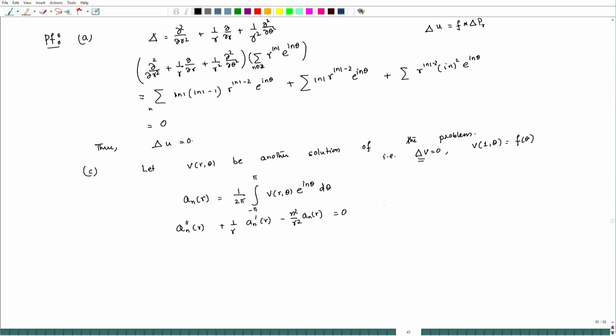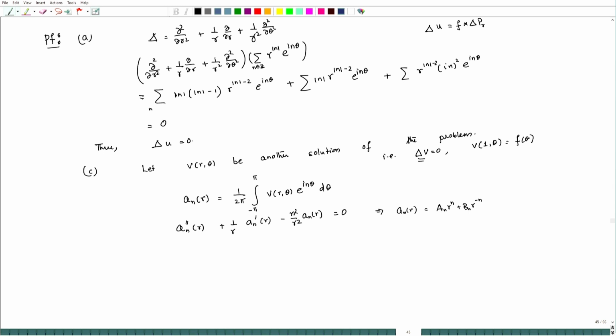So, this will imply that a_n(r) is going to be equal to, the solution would be, A_n r^n + B_n r^{-n}. Now, we are looking for a bounded solution. So, if n is positive, then B_n is going to be equal to 0.